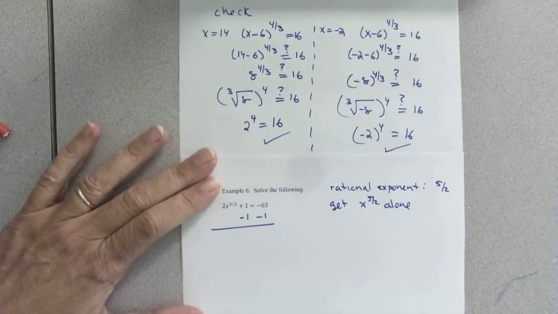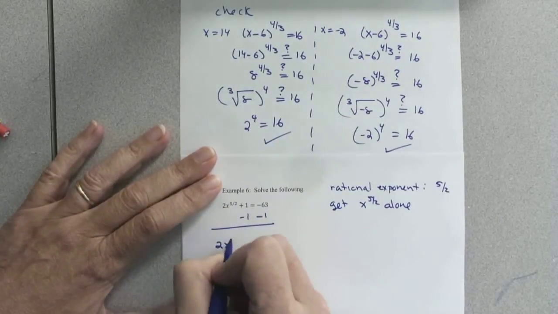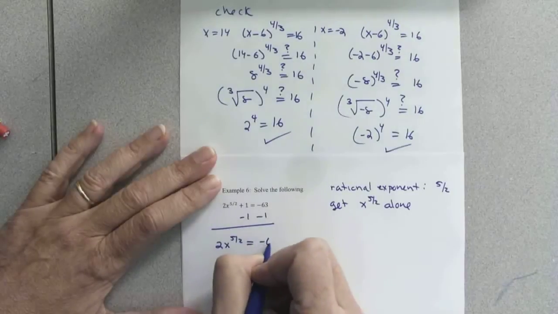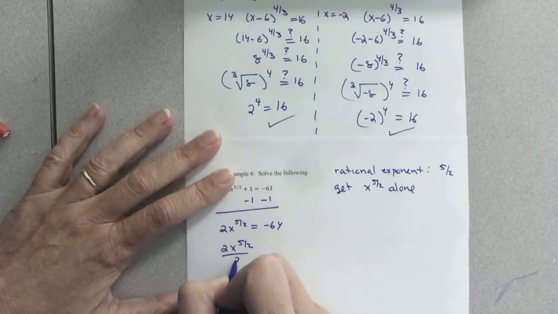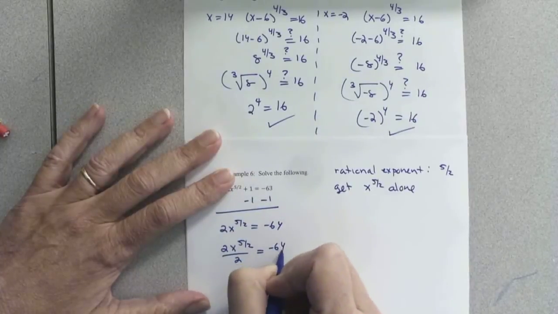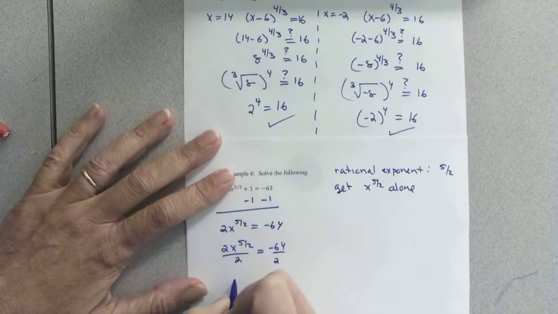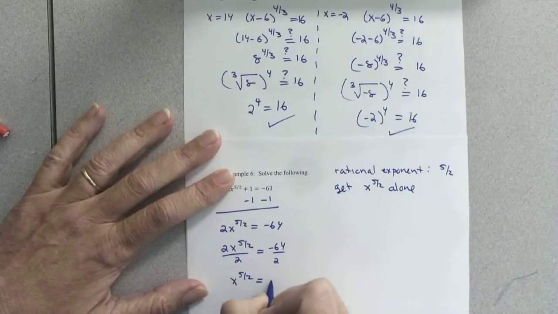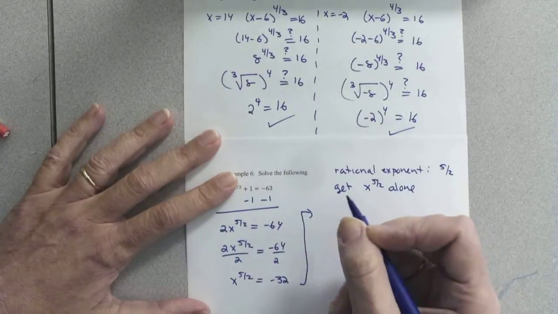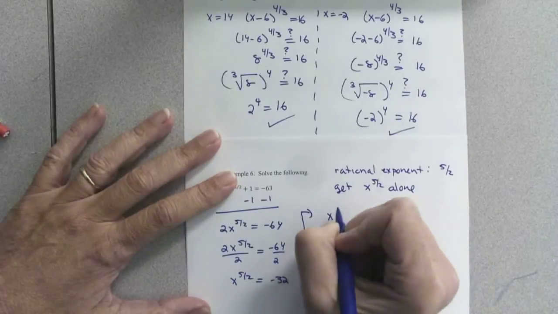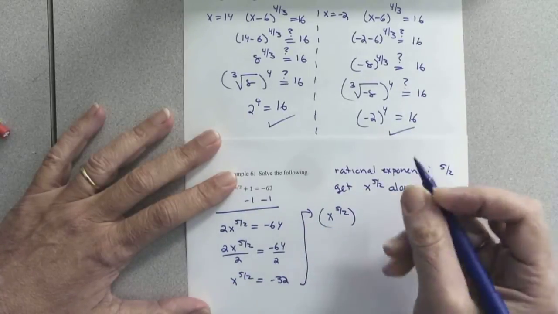So I'll subtract the 1 from both sides and get 2x to the 5/2 equals negative 64. Divide both sides by 2, and I get x to the 5/2 equals negative 32. And then raise both sides to the reciprocal power.